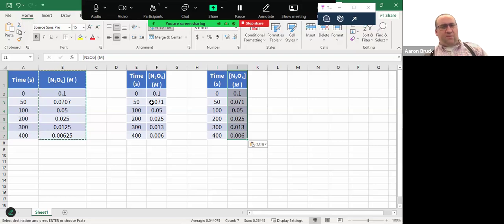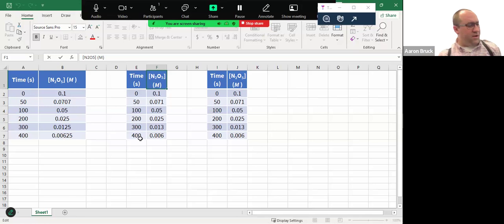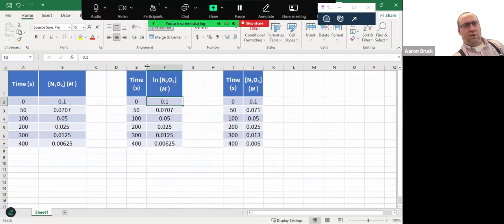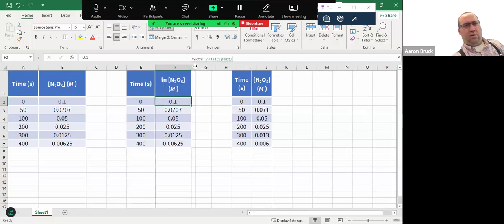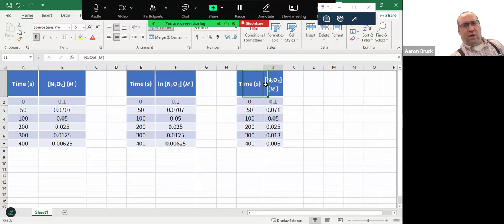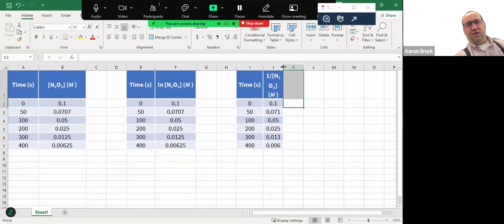Now, we're not going to keep these numbers, but just to keep the headings pretty here. This one is going to become the natural log of that concentration. And this one is going to become 1 over the concentration.